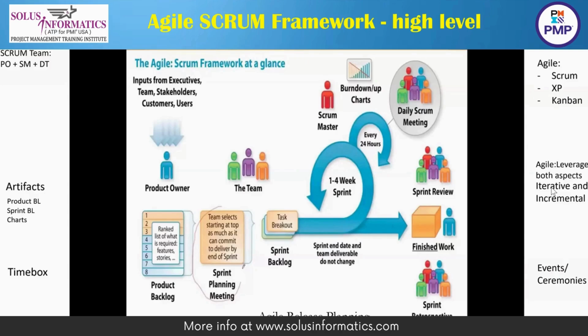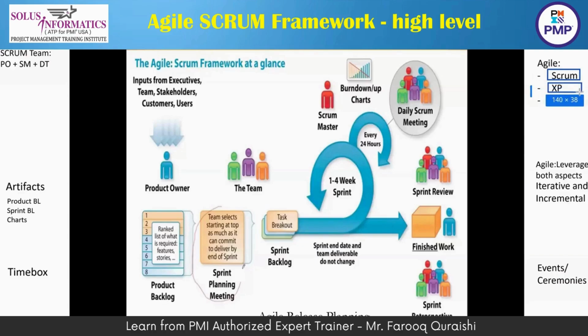Now, the Agile methodology is implemented using different frameworks. The most popular Agile framework is Scrum. You have the Scrum framework, you have XP called Extreme Programming, and you have Kanban. You almost have 50 different frameworks of Agile.